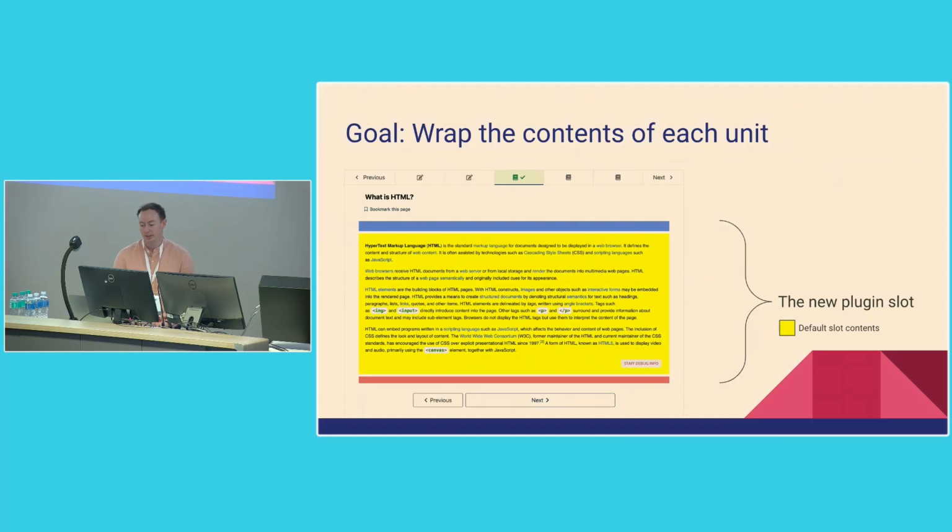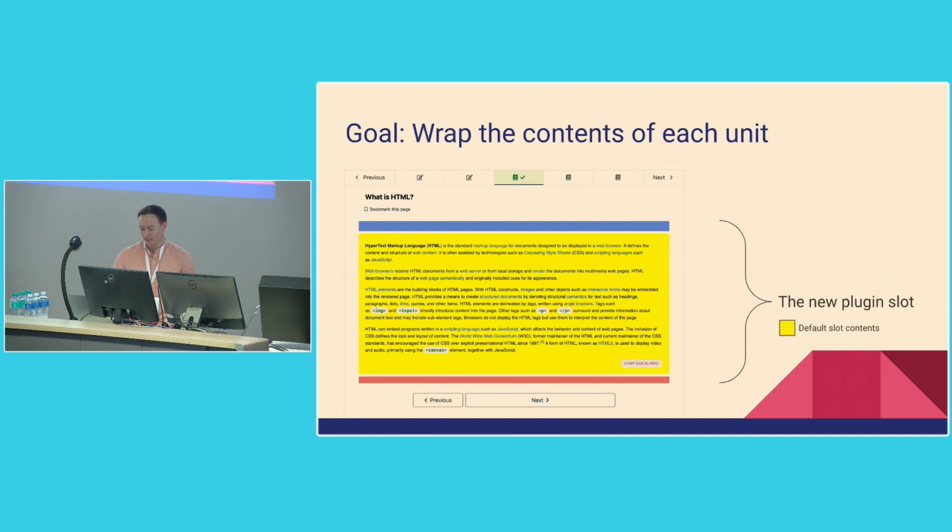What you see in yellow will be the default content, so that's the course content of the unit. And then the blue bar at the top is sort of a prefix to the unit where you can insert plugins. And then the coral red color bar at the bottom is the end of the unit where you can also insert sort of a footer for that unit. So this will be our goal for the first part of the advanced session.